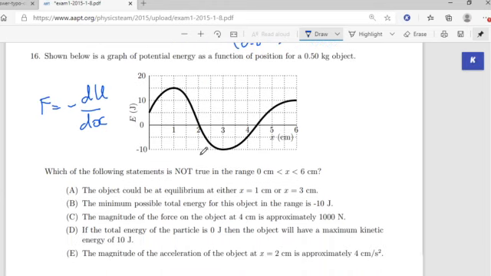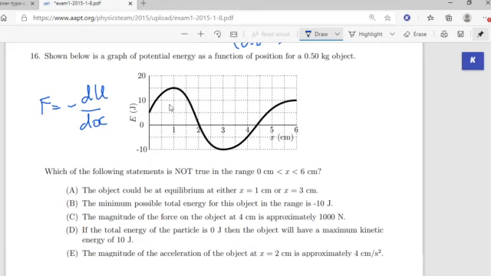Okay, so which of the following is not true in the range where x is between 0 and 6? The object could be at equilibrium at either x is equal to 1 or x is equal to 3.